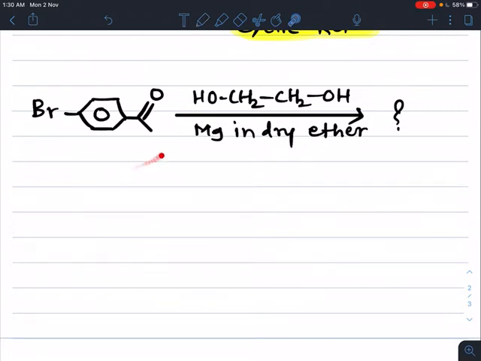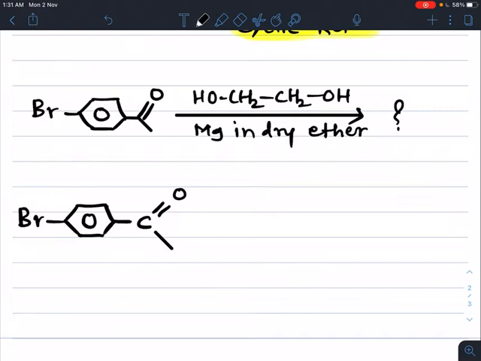So we can write this bond line formula, and first we will convert it into the structural formula. This Br is attached to this aromatic ring, and to this aromatic ring the C double bond O group is attached, and to this carbon a CH3 group is attached. So this is the ketone.